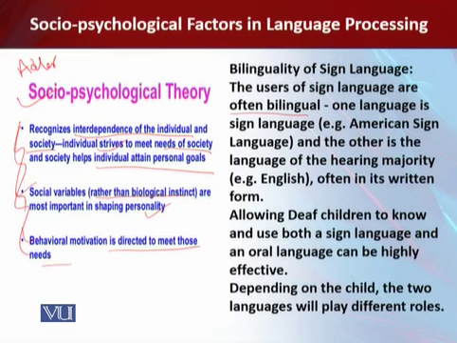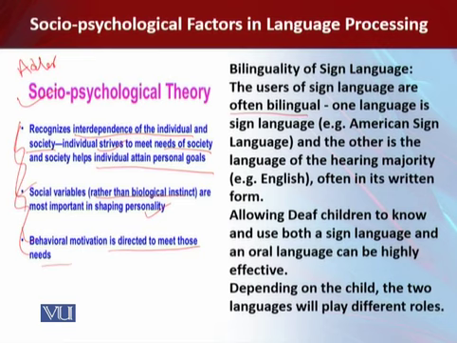This is termed bimodal bilingualism. Deaf bilinguals share many similarities with hearing bilinguals. They are diverse, and many do not consider themselves to be bilingual. They use their languages for different purposes in different domains.